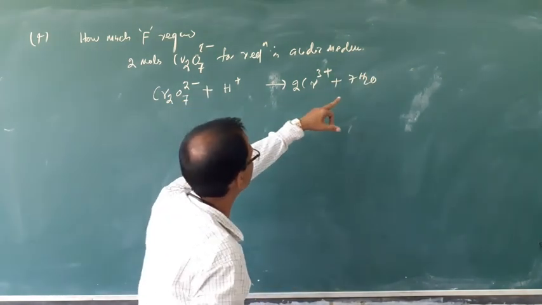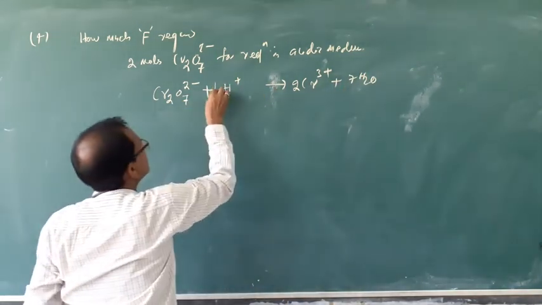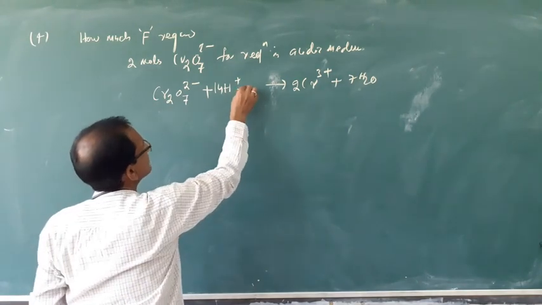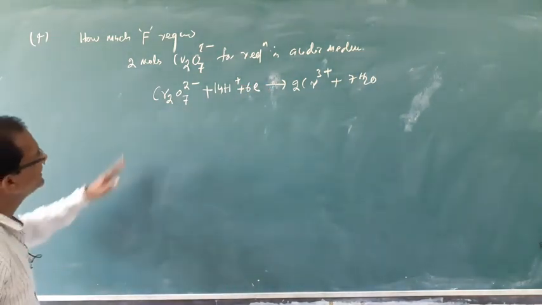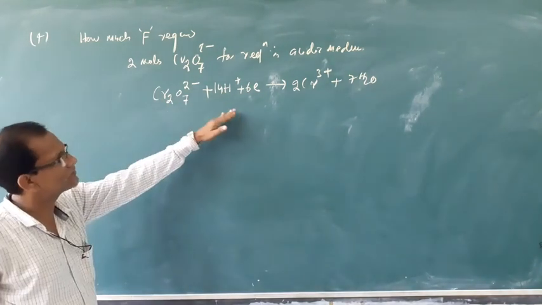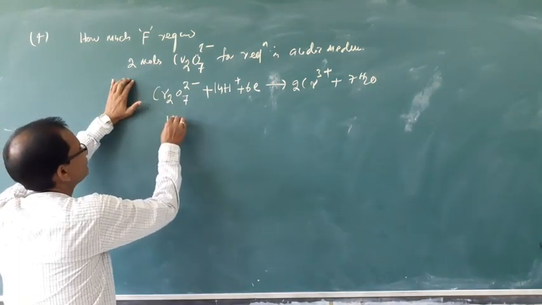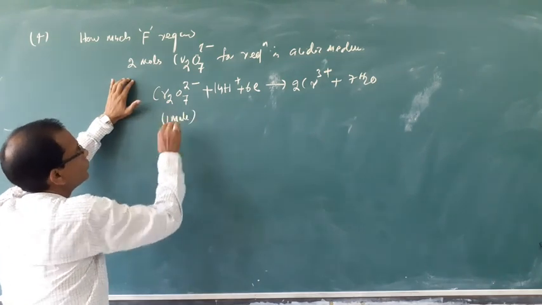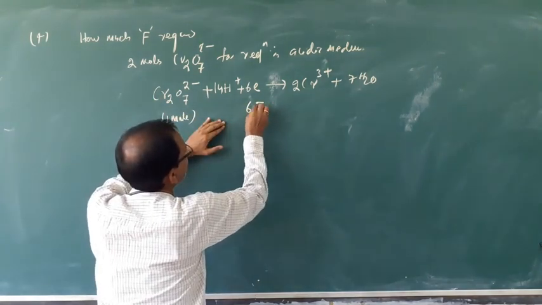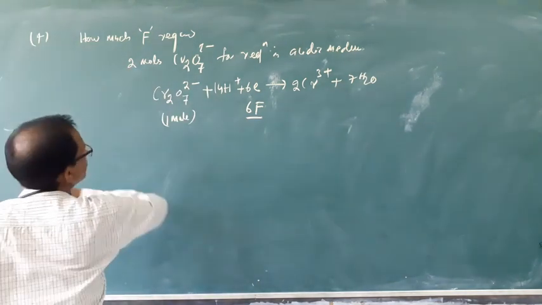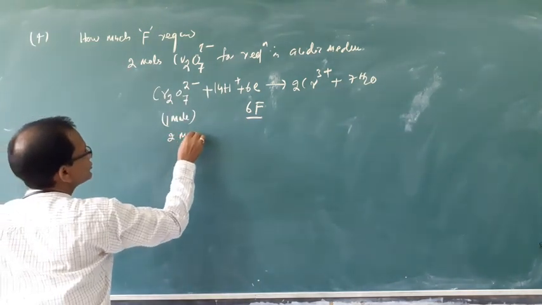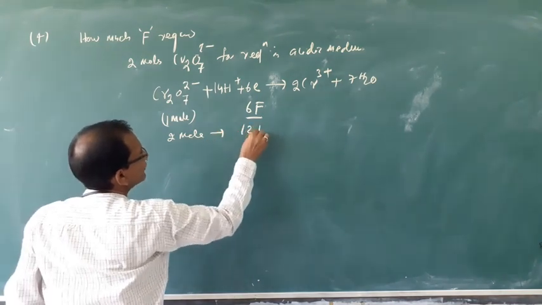Then 14 hydrogen, and electrons. If you balance, 6 electrons are required. So this complete reaction for 1 mole requires 6 Faraday. As per the question, 2 moles will require 12 Faraday.